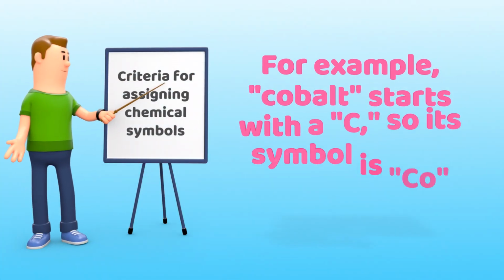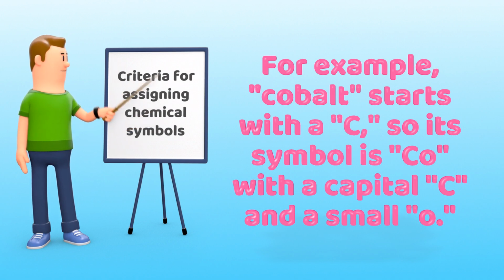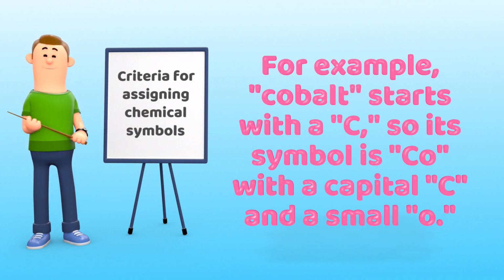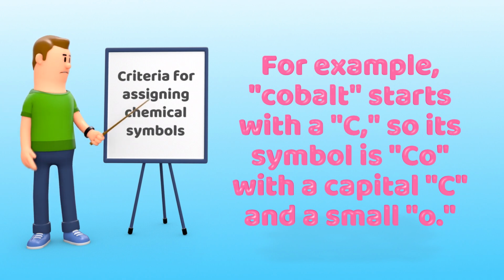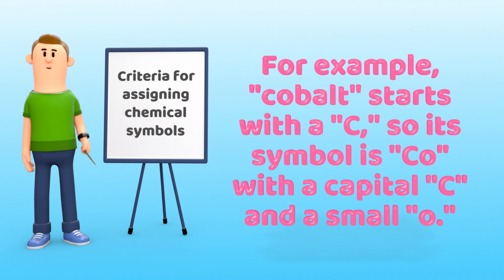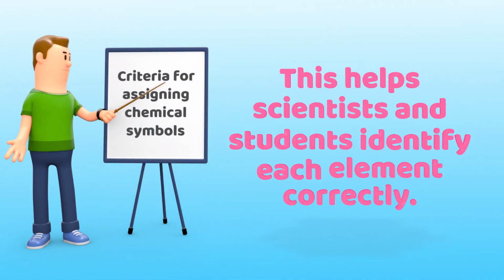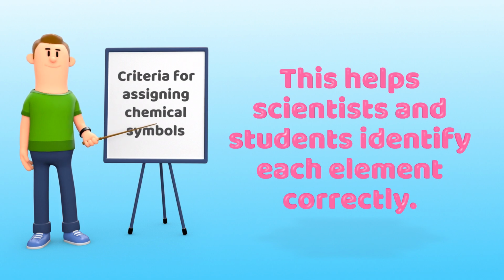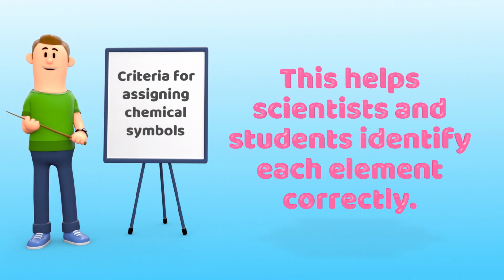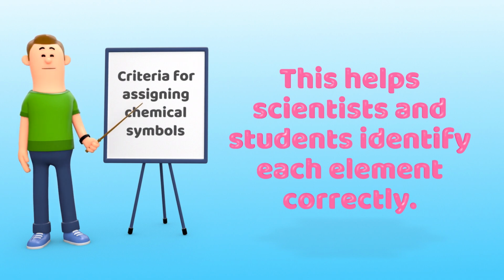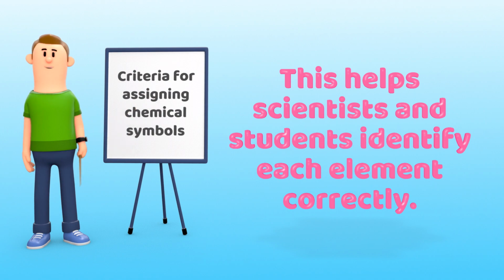For example, cobalt starts with a C, so its symbol is Co, with the first C being a capital and a small o. By using this criterion, it helps scientists and students to identify each element correctly without mixing with the other elements.